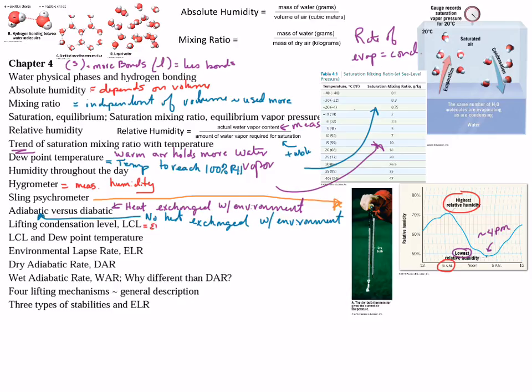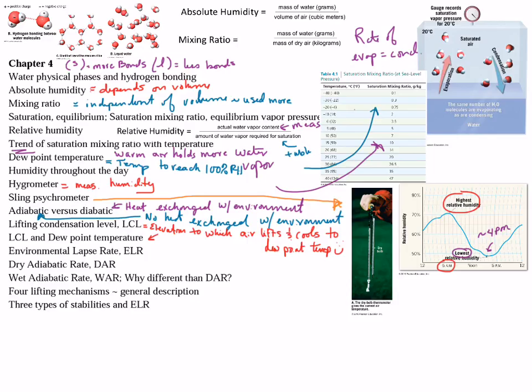and kind of related to that, if a chunk of air cools as it rises, it can cool to the dew point temperature. It can cool to the point of 100% relative humidity. And that elevation where it reaches 100% relative humidity because it cooled is called the lifting condensation level.